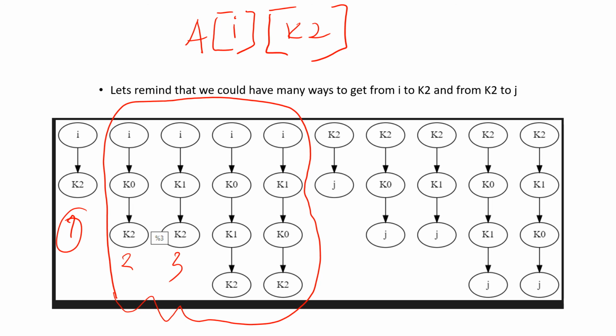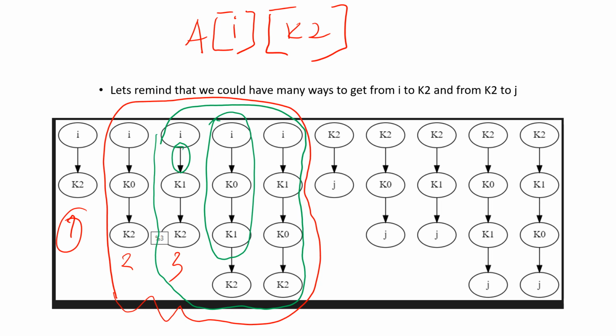Or this would be the option that in the second loop we saw that maybe going through K1 to K2 is the shortest option. But if we chose that option, this could actually mean that this option is represented by one of those three graphs here. Because let's remember that in the first loop, we might have updated that this path from I to K1 is actually this path. This can be both, either of them.